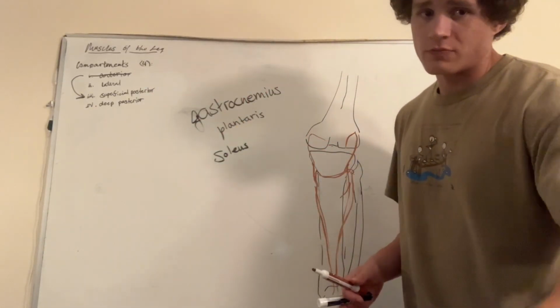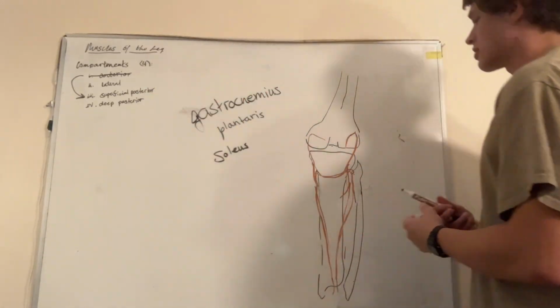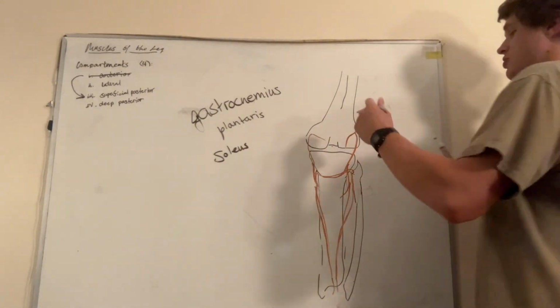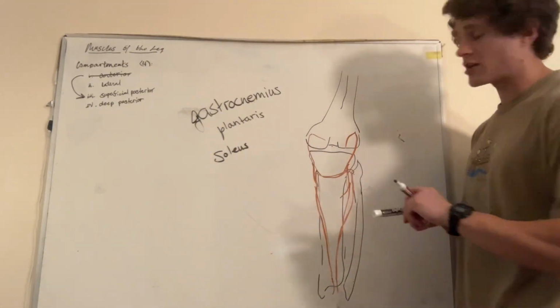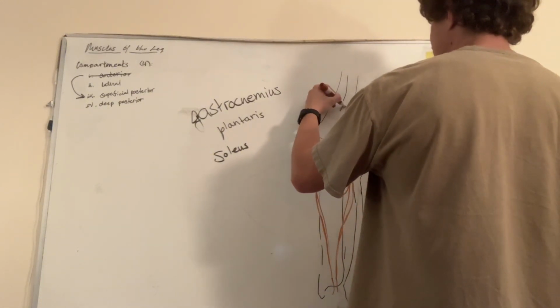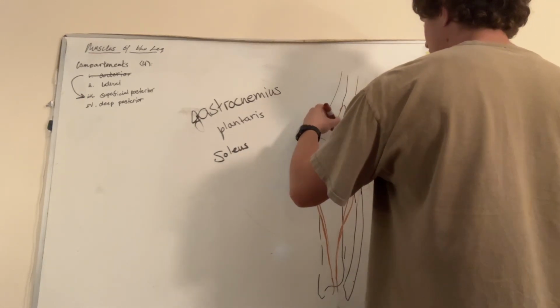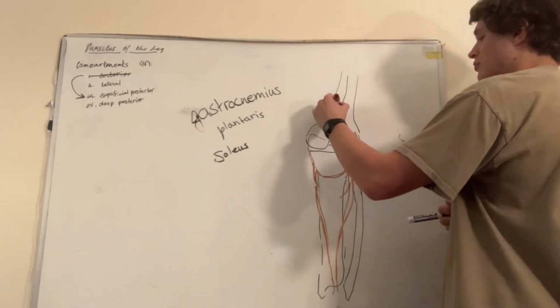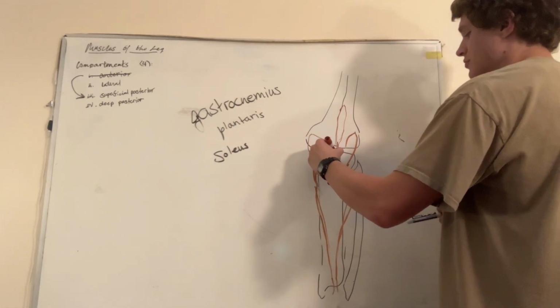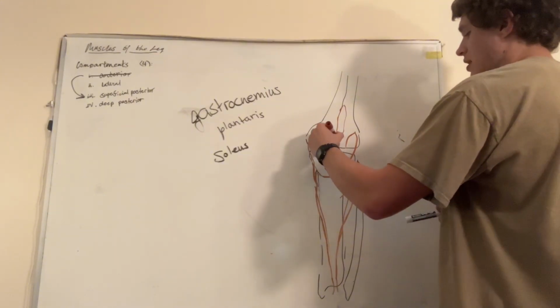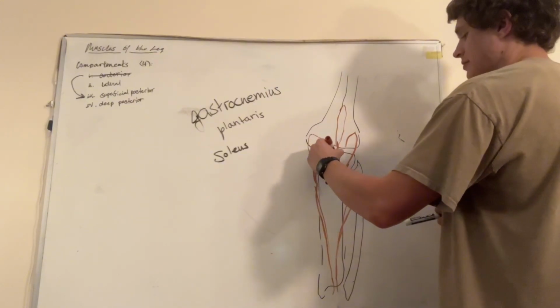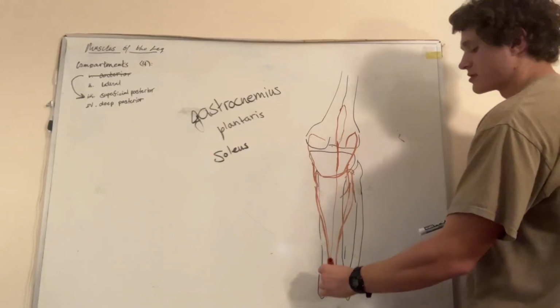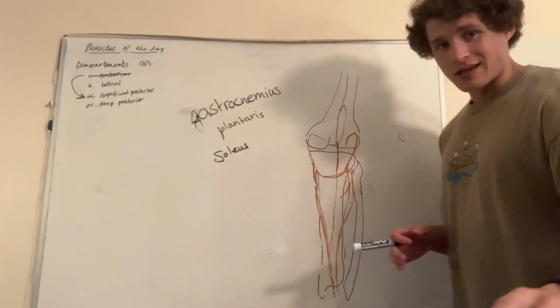Anywho, that's from the whole thigh discussion, but now we're talking about the lower leg. So, this is where plantaris is kind of weird. Plantaris is biarticulate too. It has this really proximal origin, and then it tapers off to this real thin tendon that joins the other 2 in the Achilles tendon.